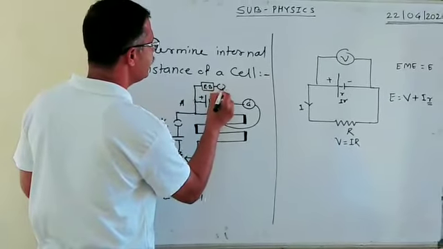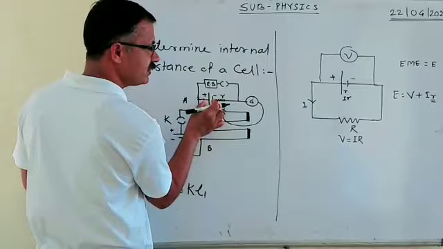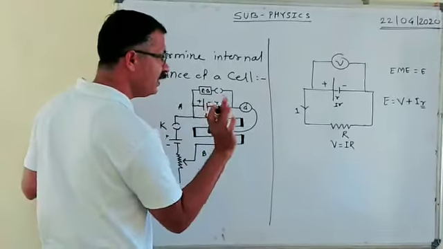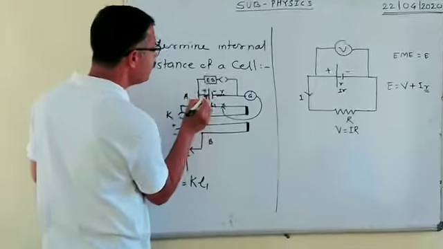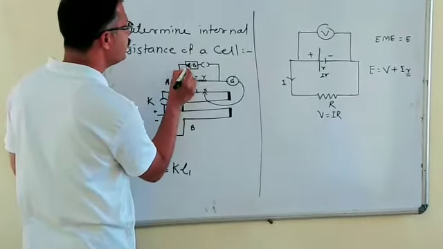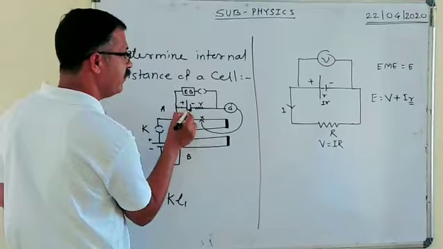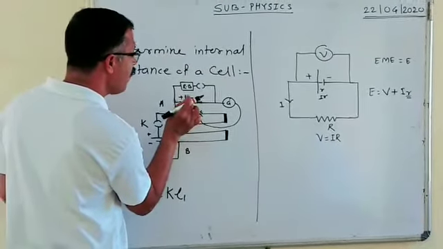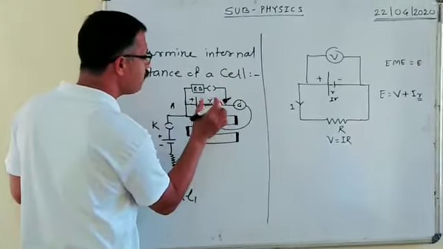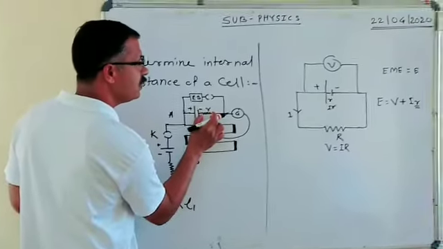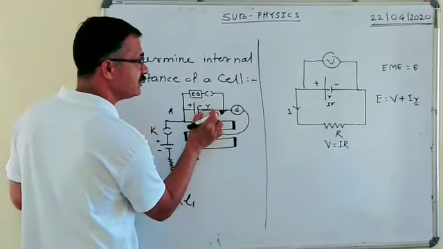It is connected with a key to this cell. Now the circuit is completed. From the positive terminal, current will flow through this resistor box, and again it comes to the negative terminal. When this happens, some amount of potential difference is dropped across this internal resistance.